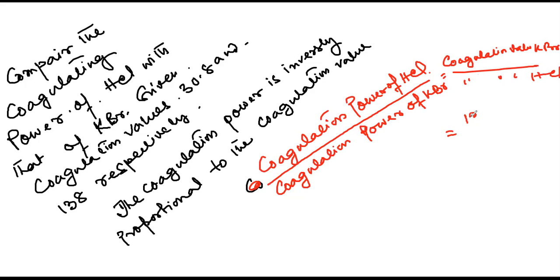So this one will be 138 divided by 30.8, that is equal to 4.48. So this is the answer to compare the coagulating power.